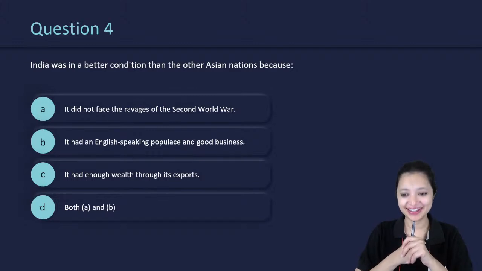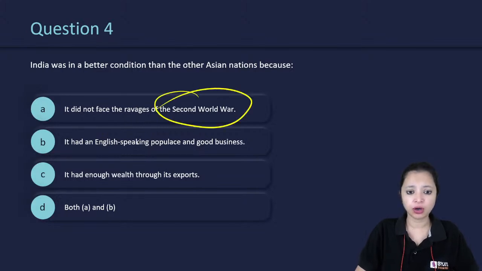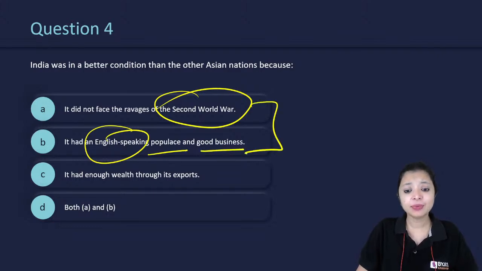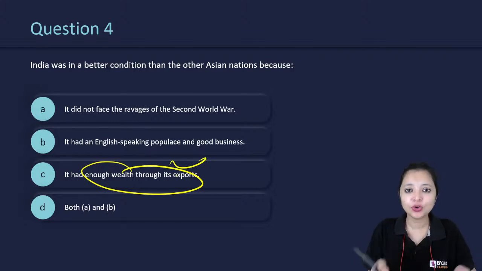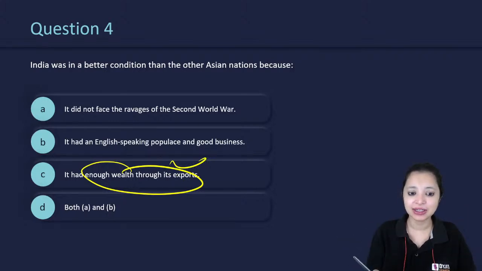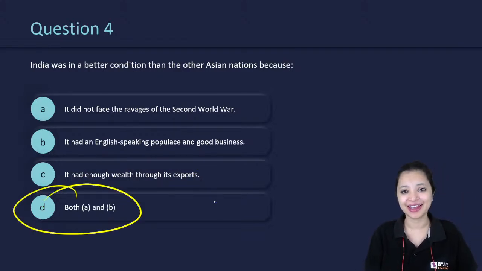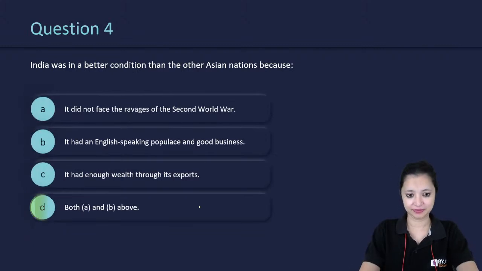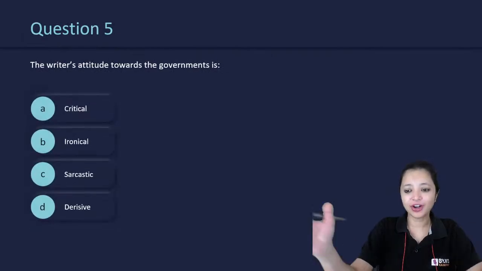Yeah, that's a D. Exactly. The very next line after good infrastructure, better infrastructure said that we did not suffer from the Second World War. We had an English speaking population. We had good business sense. Yet we suffered. So both, according to us, we did not export anything. We just got over from an independence fight. We did not export anything. The Britishers took away everything that we had. It's only this, A and B. Okay, next. Question number 5. Easy. I've already answered this question.